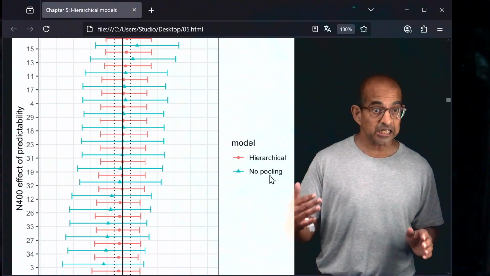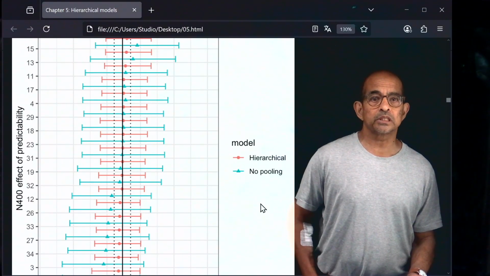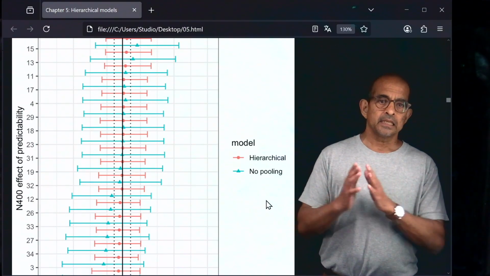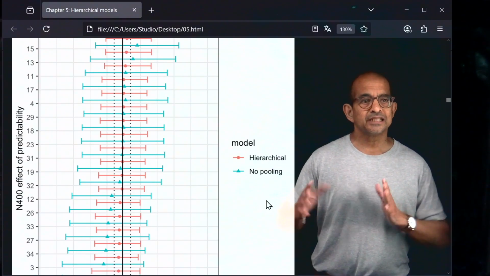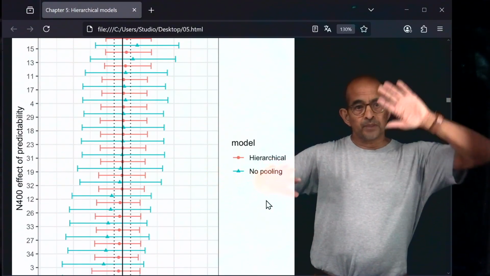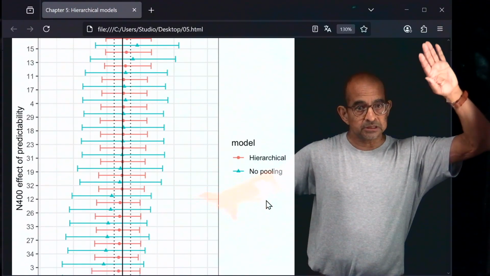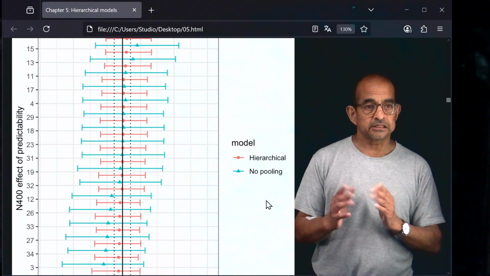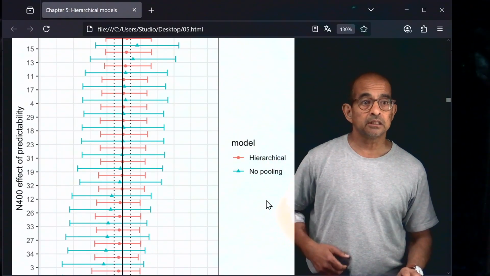So that means the shrunken estimates from each subject. And so what I want you to appreciate is that the no pooling estimates have much larger magnitudes than the hierarchical estimates, which are shrunk towards what?